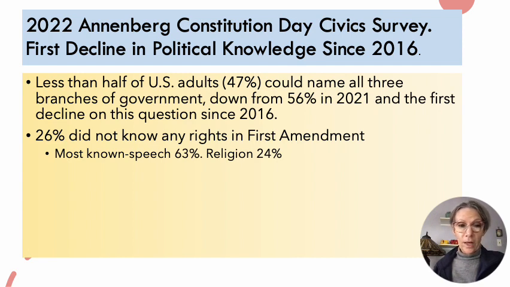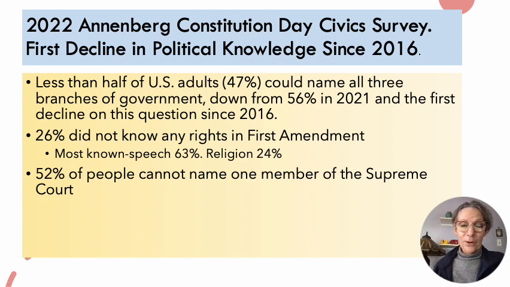The next was religion. 24% of people could say that religion was in the Bill of Rights. But freedom of press was at 20%. Freedom of assembly was at 16%, and the right to petition the government for redress of grievances was at 6%. So if you got all five, good job, you.